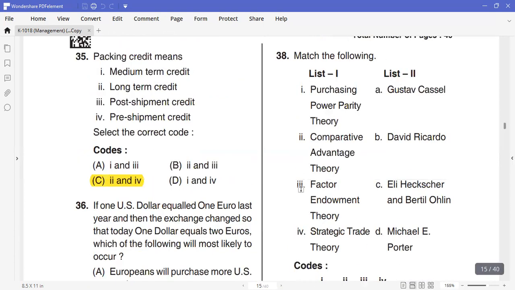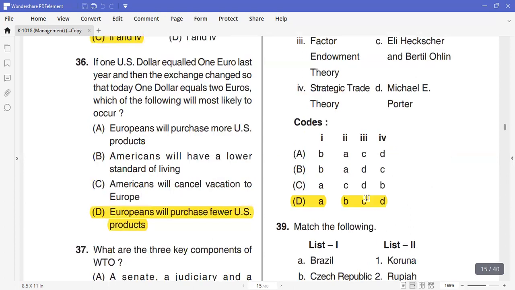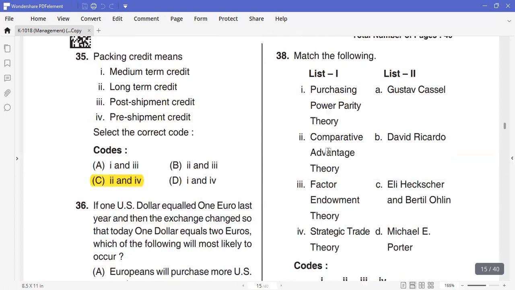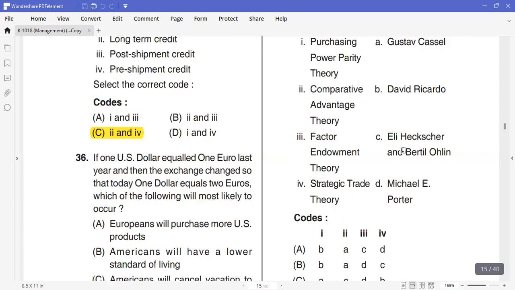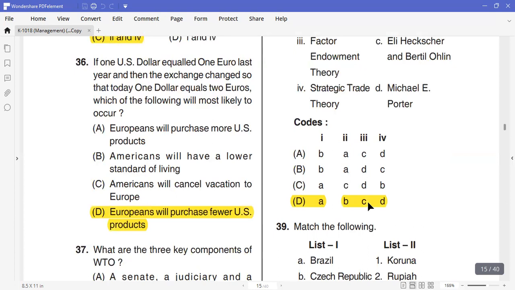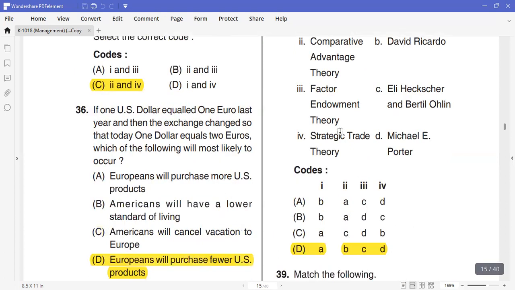Next, we go to 38th question. Once again, match the following. The correct option is for one, it is A, that is purchasing power parity is given by Gustav Cassel, and for two, it is B, comparative advantage theory is given by David Ricardo, and for three, it is C, that is factor endowment theory is given by Eli Heckscher and Bertil Ohlin.